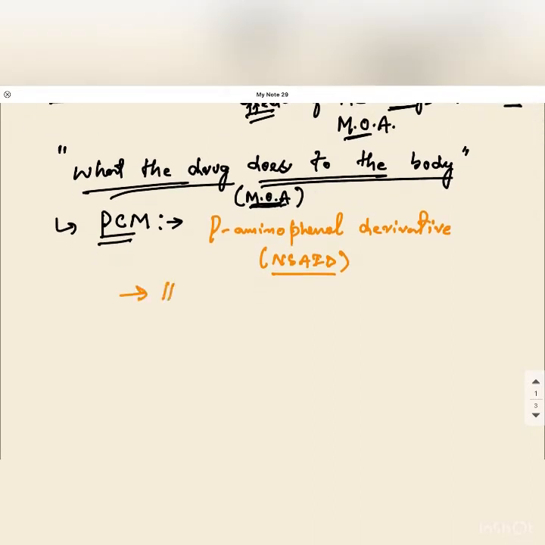Number one, it is analgesic, and number two, it is antipyretic. We will discuss these drugs later on in detail. Right now, we'll give the concept only. Now, we need to see how it shows the analgesic effect in our body and how it shows the antipyretic effect. Antipyretic is decrease in temperature, or we can say fever, and analgesic is anti-pain.